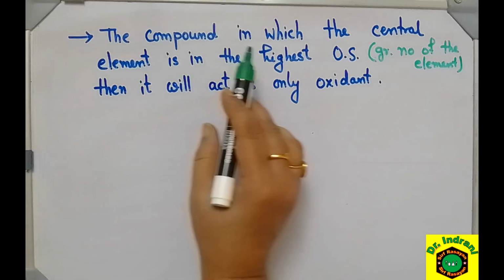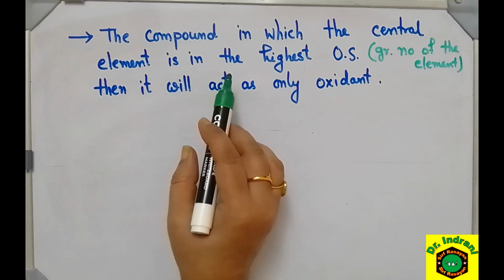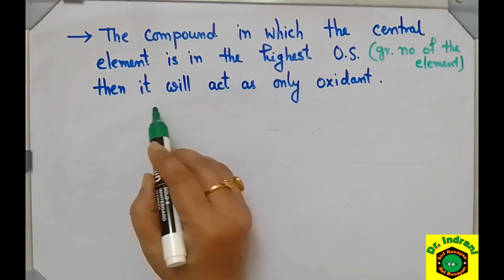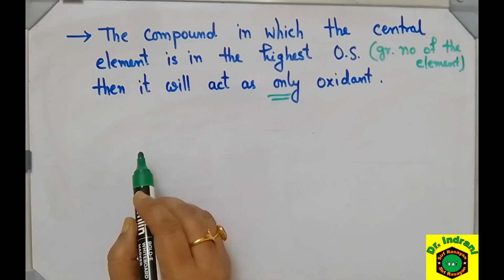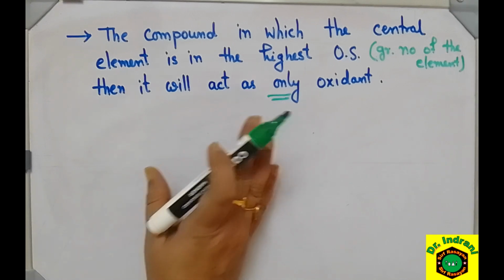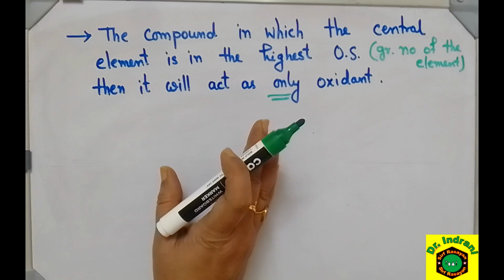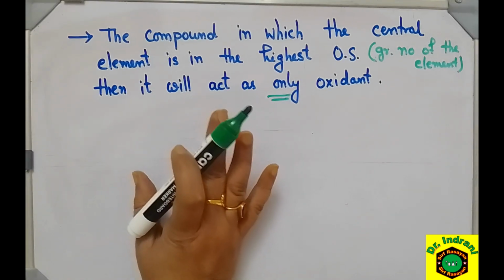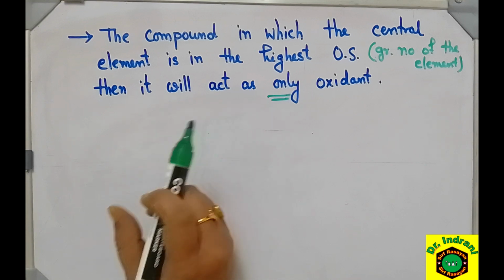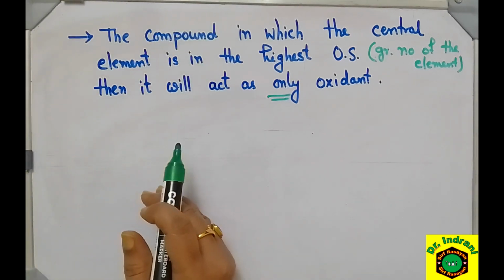So the compound in which the central element is in the highest oxidation state, then it will act as only oxidant because it can't increase the oxidation state anymore, because it is already in highest oxidation state.